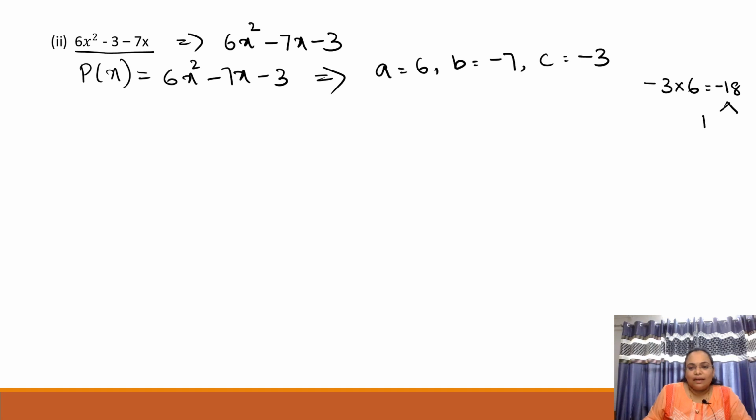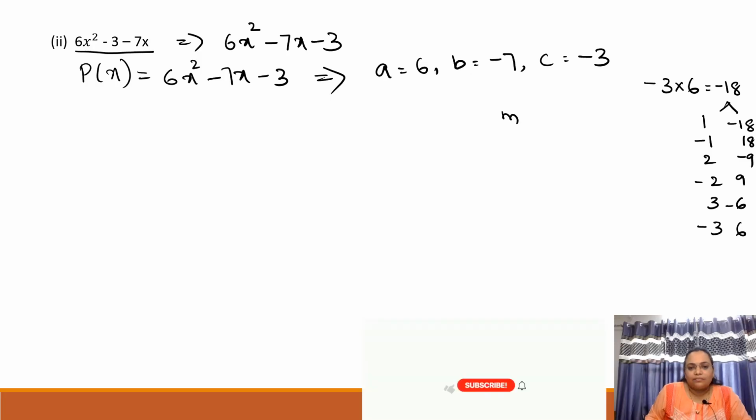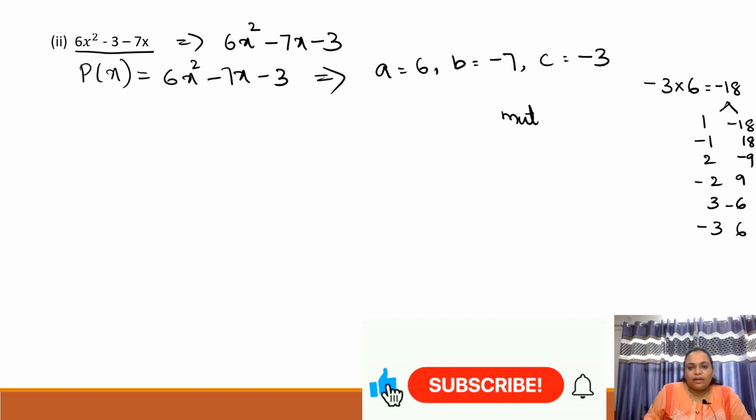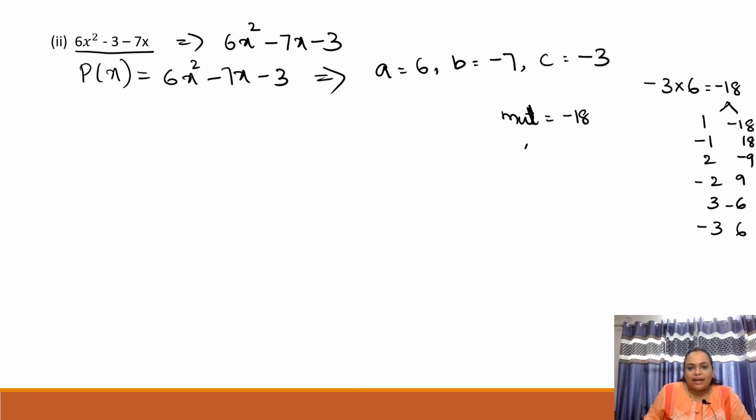That is 1 into minus 18, minus 1 into 18, 2 into minus 9, minus 2 into 9, 3 into minus 6, minus 3 into 6. If you multiply, you need to get minus 18, and if you add them, you need to get minus 7, which is your middle term. I will take this combination.